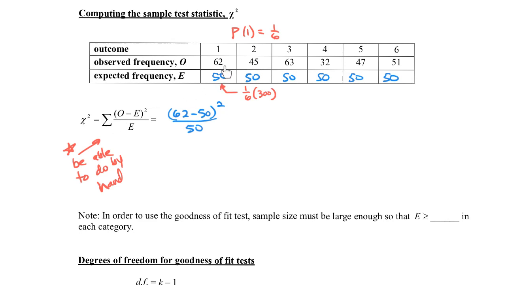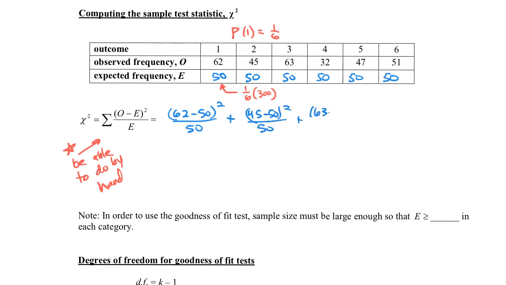I'm doing the summation one at a time. Just go this minus this squared divided by this plus this minus this squared divided by this plus this minus this squared divided by this, right? So we go right down the line here, just according to the formula, plus 45 minus 50 squared divided by 50.